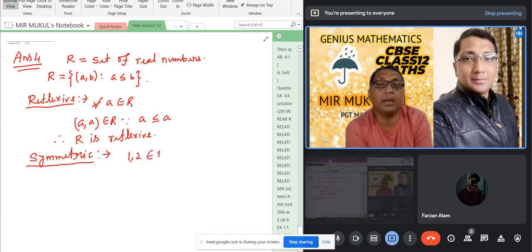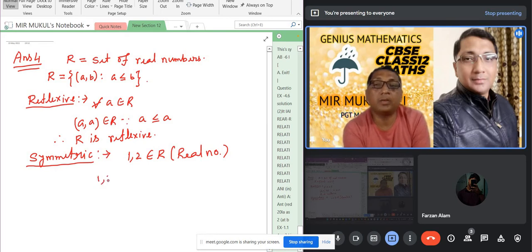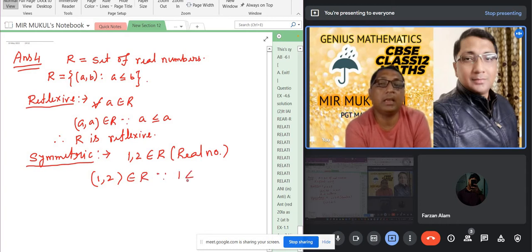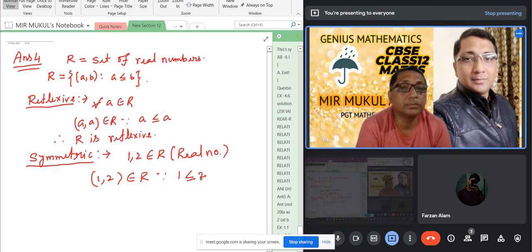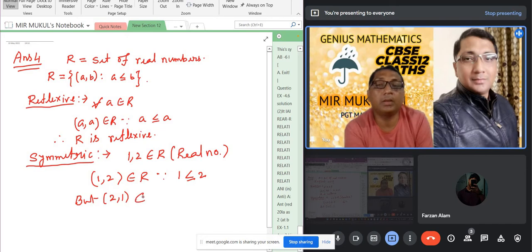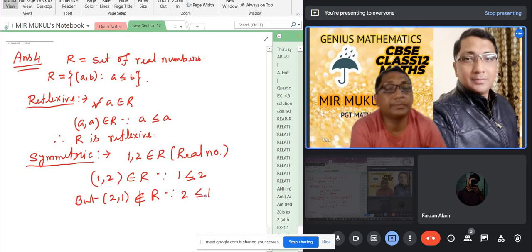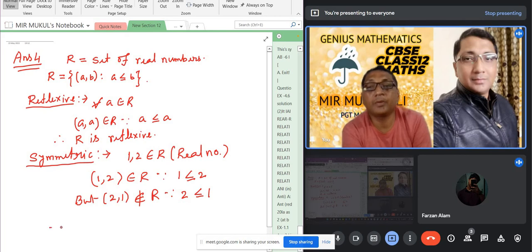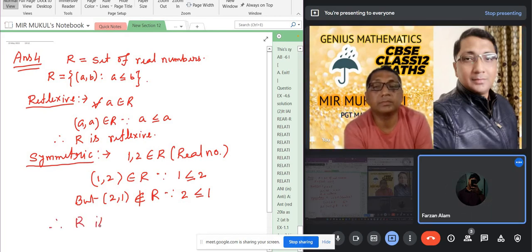Here 1 and 2 are real numbers. (1, 2) belongs to R since 1 is less than or equal to 2, but (2, 1) does not belong to R since 2 is not less than or equal to 1. Therefore, R is not symmetric.